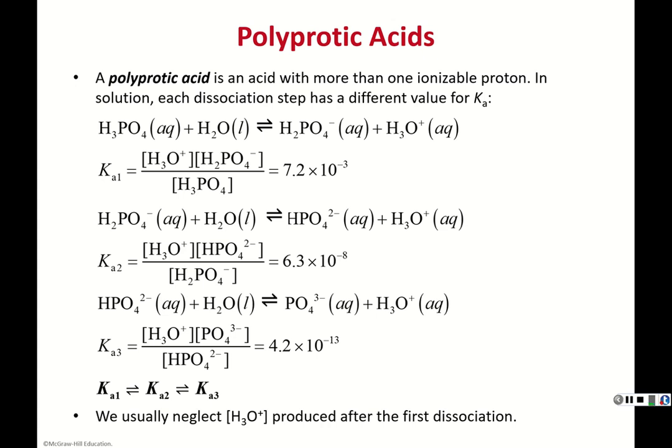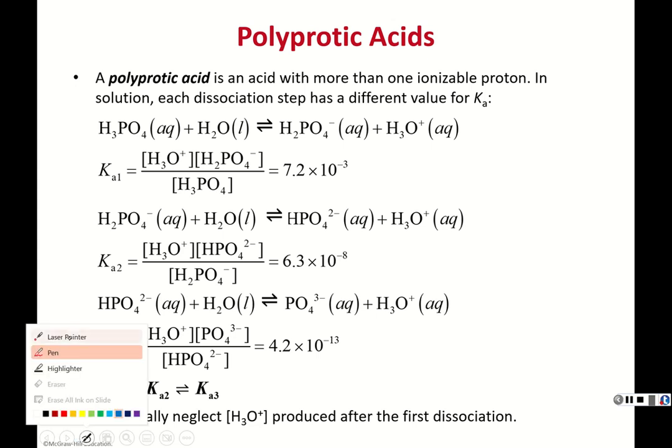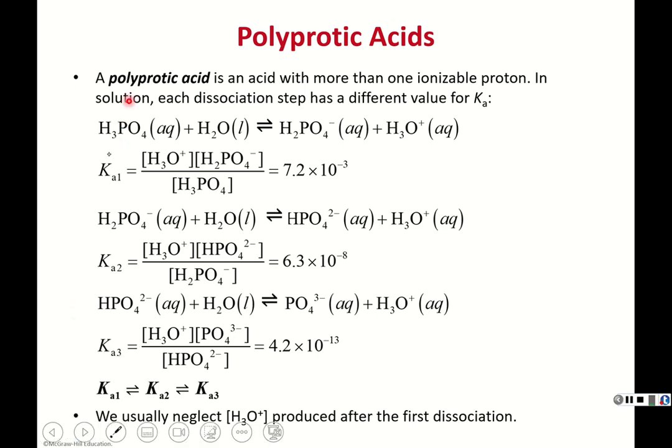So we can look at this first dissociation. If we have H3PO4, the first proton it loses, it becomes H2PO4 minus. Okay, and that has a particular Ka value here shown as 7.2 times 10 to the minus 3. We can write that Ka expression for that first proton it loses.